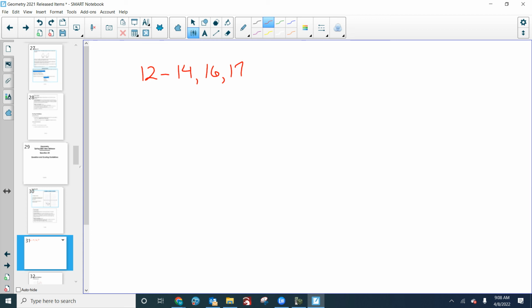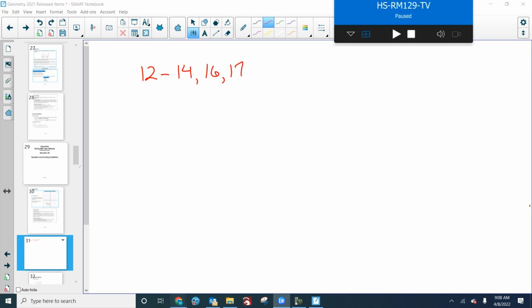Let's go alternate exterior. 5 and 4. Oh, that's not corresponding.